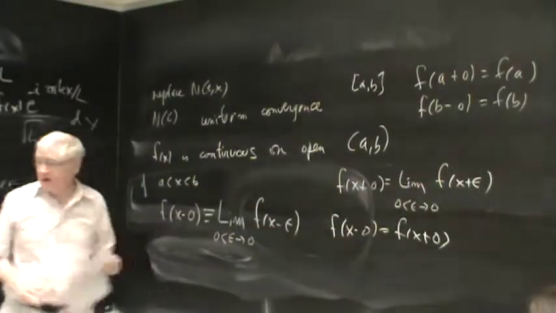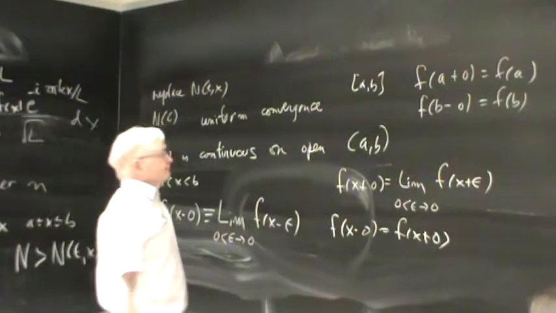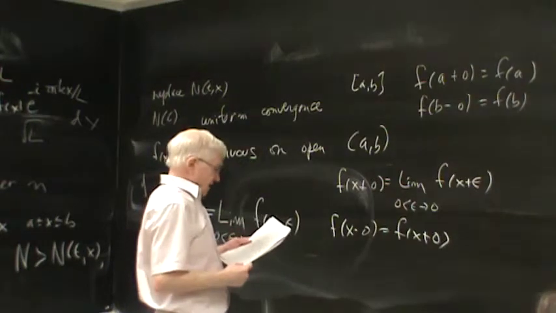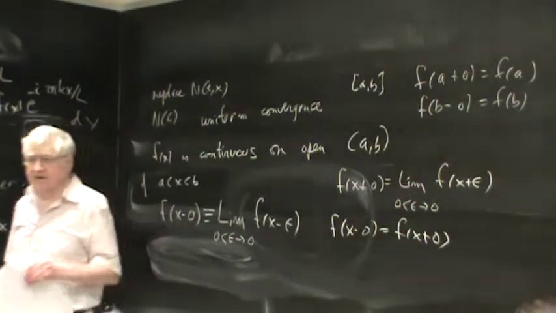And so this is where the distinction between open and closed becomes really important when you have a continuous function that's not bounded on the interval. All right, any questions?